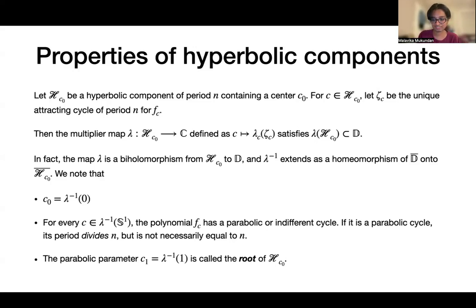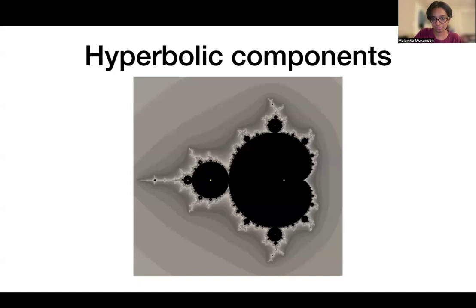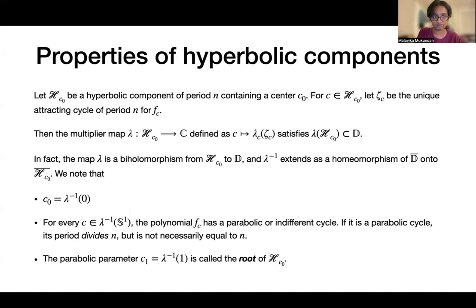So what I'm doing is I'm going back to this picture. If you start with the biggest bubble that you see here, the component containing 0, pick any point in this component and call its corresponding fixed point zeta sub c. Okay. Then you can compute the corresponding multiplier of that specific attracting cycle of period n.